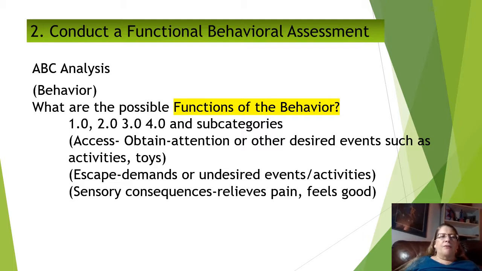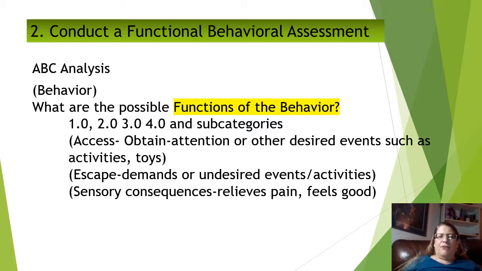All right, so now we did our A, the antecedents. Now we're going into B, which is behavior, and this is when we're trying to look at what is the function of the behavior. So we're going to describe their obtaining behavior, their attention to or other events, activities, and toys, or we're describing their escape behavior, their demands, the undesired events that they are trying to avoid, the sensory consequences, trying to relieve pain or something, feeling good.